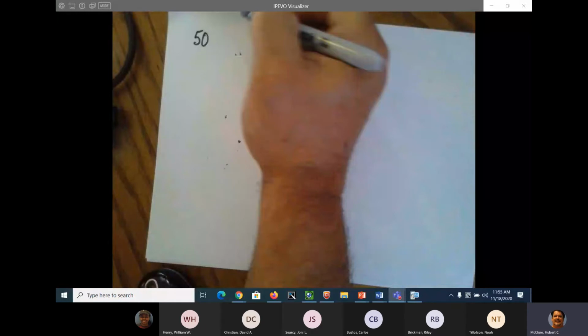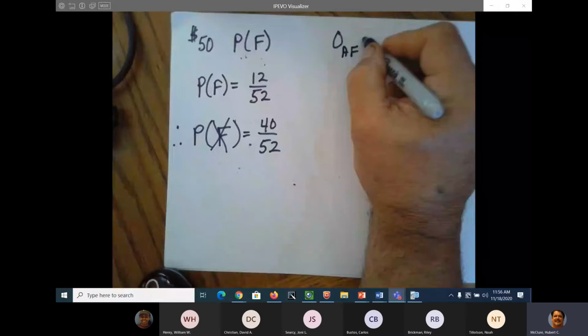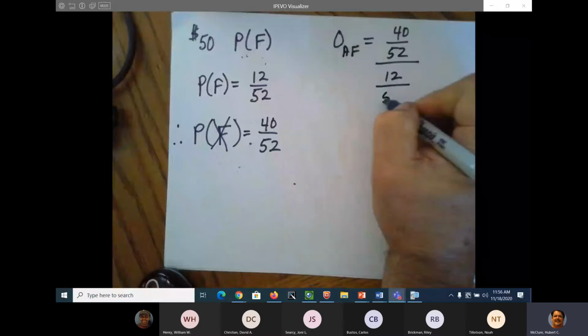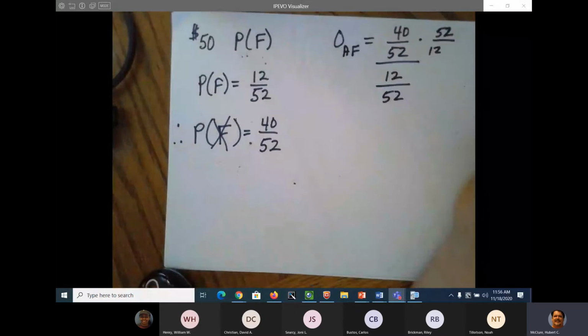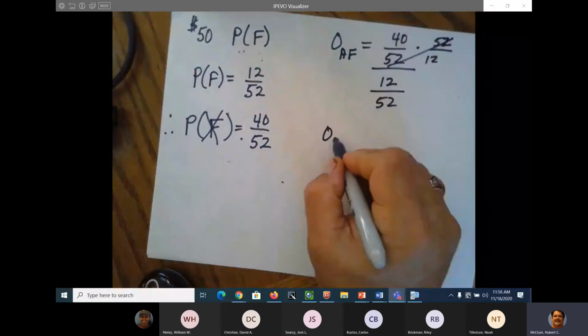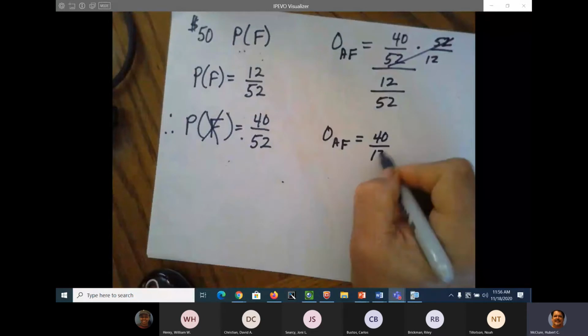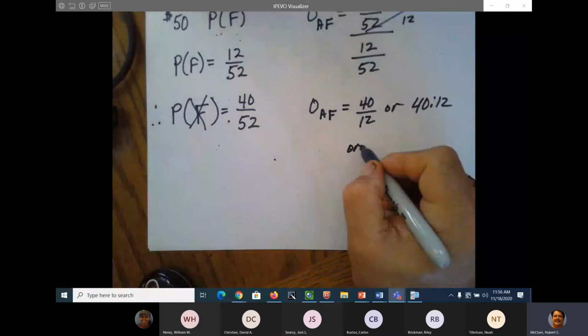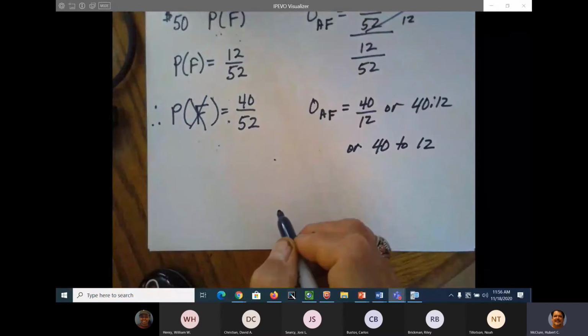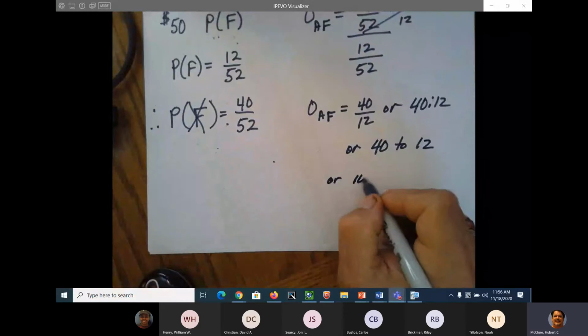Odds against picking a face card is equal to 40 over 52 divided by 12 over 52, multiplied by 52 over 12. 52's cancel, and now my odds against a face card is 40 to 12. Now you can reduce that by 4 and it'd be 10 to 3.